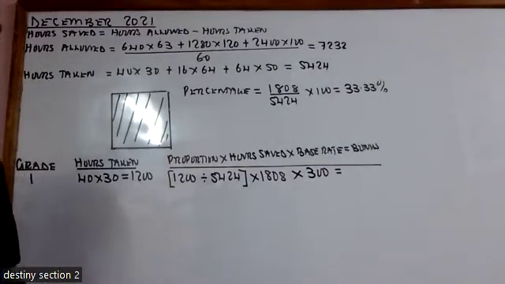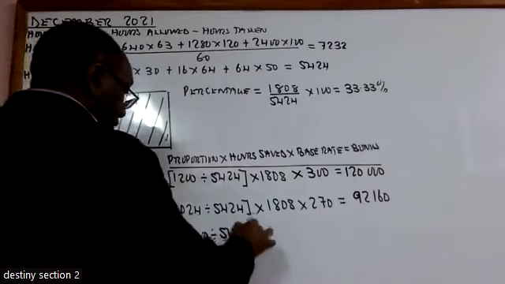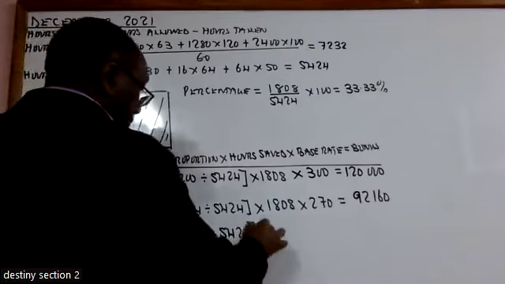So in the proportion, I will have that 3,200, which is divided by 5424, multiplied by 1808, multiplied by the base rate of 240. That is 256,000. So I think that is okay.